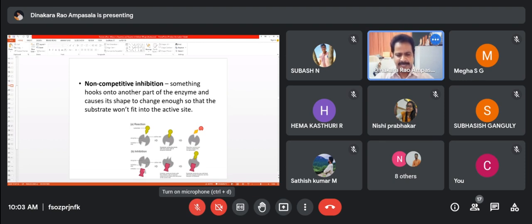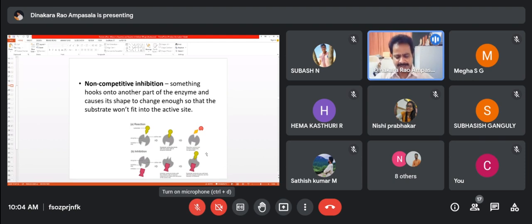Due to this interaction, some conformational changes will happen at the active site. Because of this, even though the substrate binds to the active site, it will not lead to formation of product because of inactivity at the active site. So this type of reaction we call non-competitive inhibition.